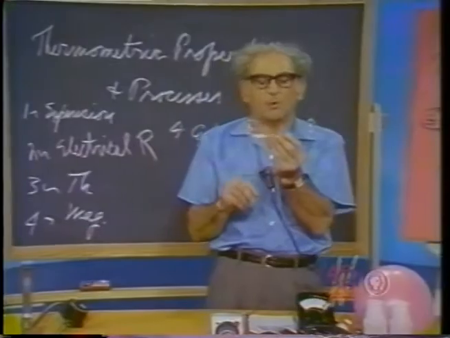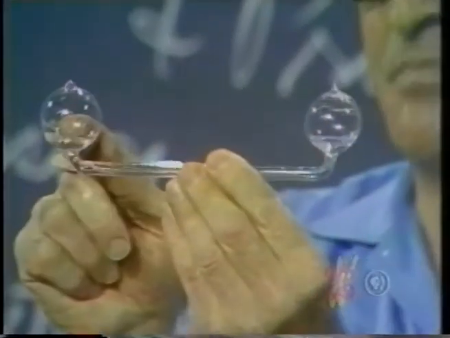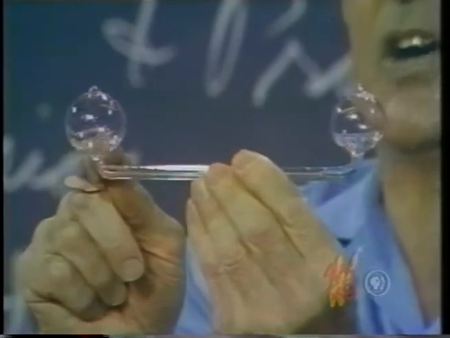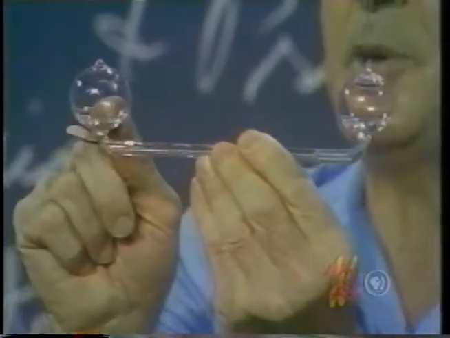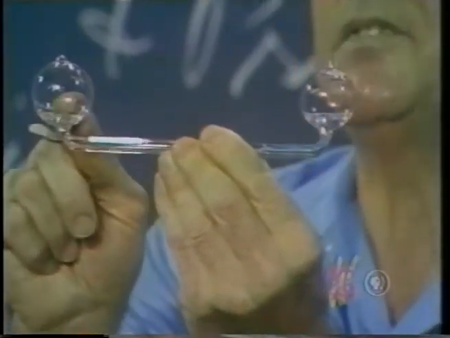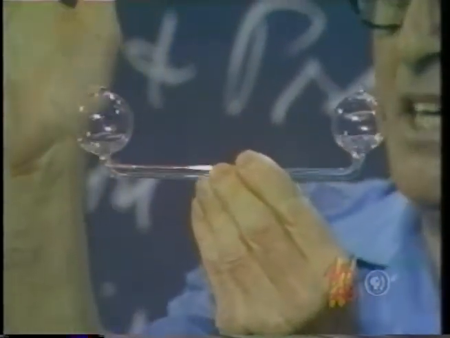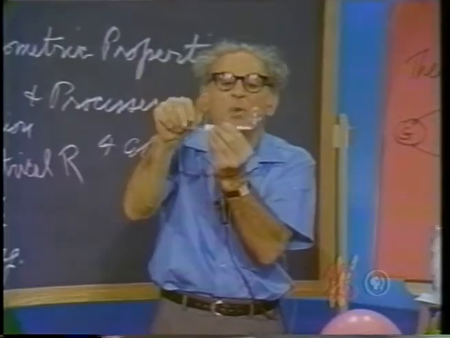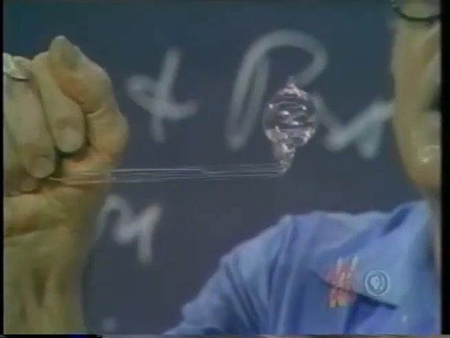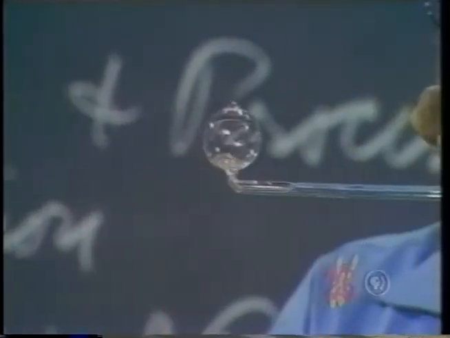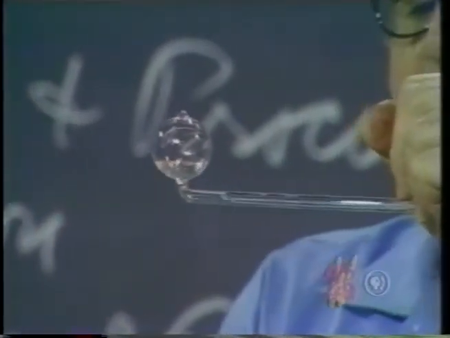Here is a little array of 2 bulbs with a very volatile liquid inside, like ether or acetone, and the vapor of the liquid is in one vessel above the liquid and here in that vessel. Now I'm going to apply some heat from my hand. Watch it. Watch it. Now, the action is not very fast.